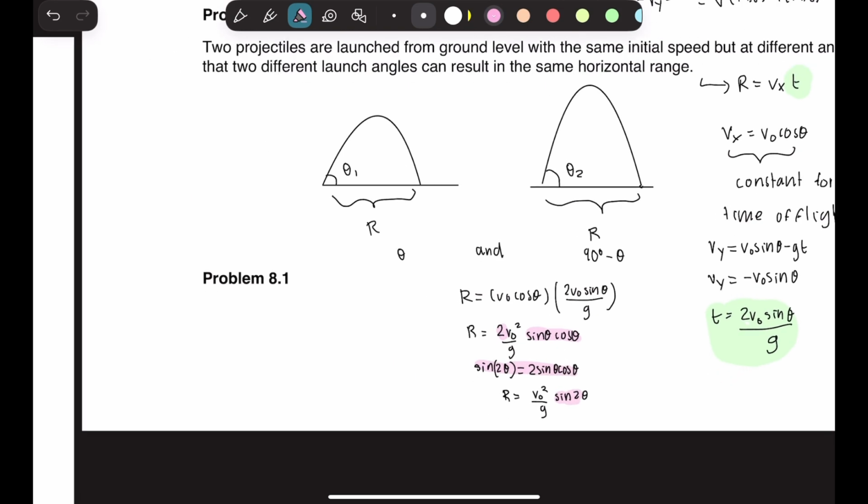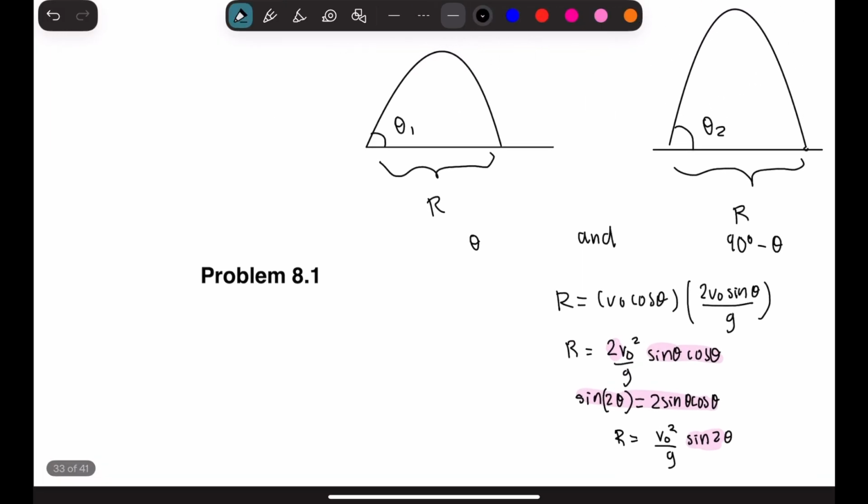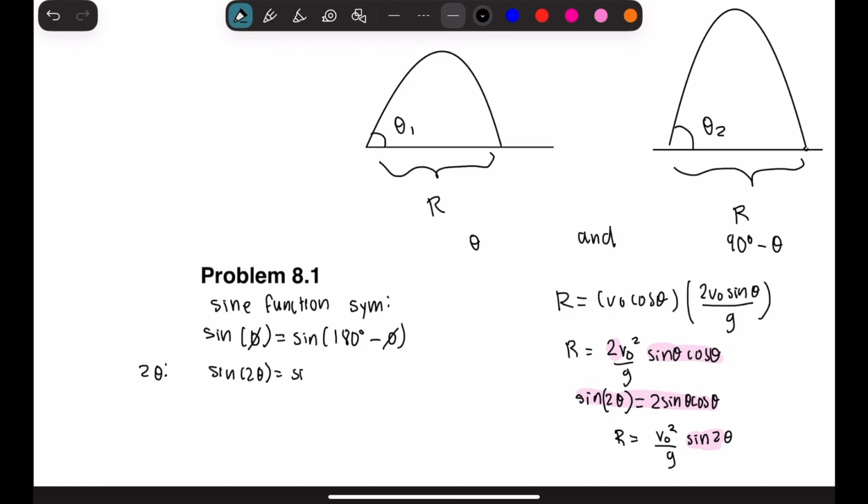So then from the sine function, we know it has symmetry, and that is that the sine of an angle is equal to the sine of 180 degrees minus the angle. Now if we apply this to 2 theta, we have sine 2 theta is equal to sine of 180 degrees minus 2 theta.